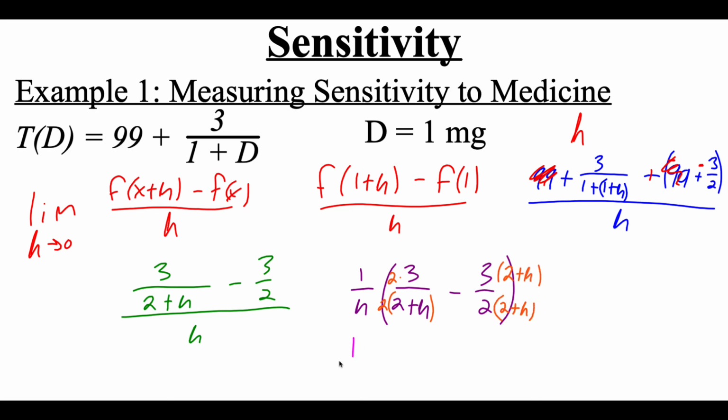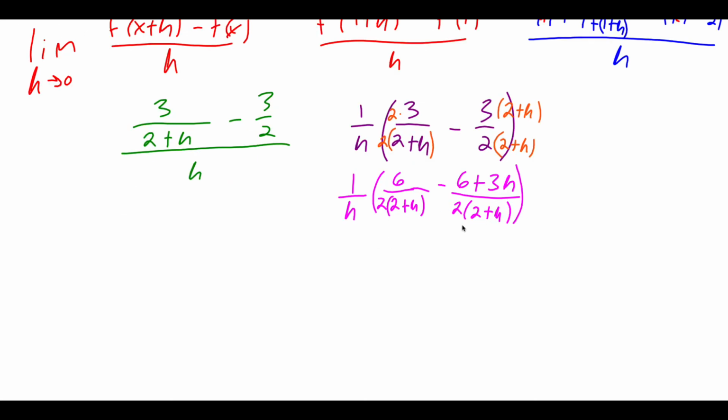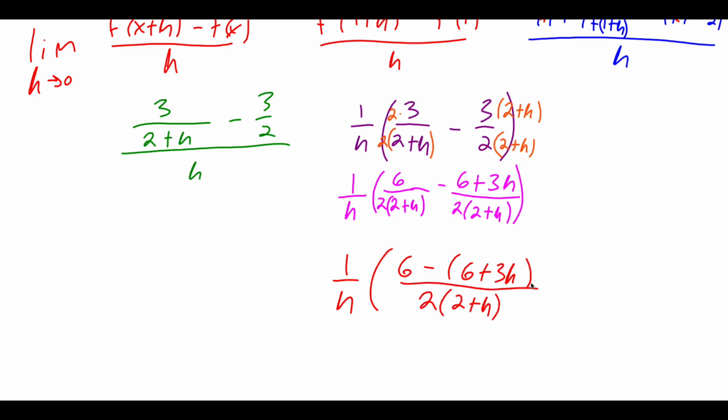So then we end up with 1 over h times 6 over 2 times 2 plus h minus, if I distribute this 3, we get 6 plus 3h all over 2 times 2 plus h. Now putting those fractions together, since they have a common denominator, we have 1 over h times 6 minus 6 plus 3h all over 2 times 2 plus h.